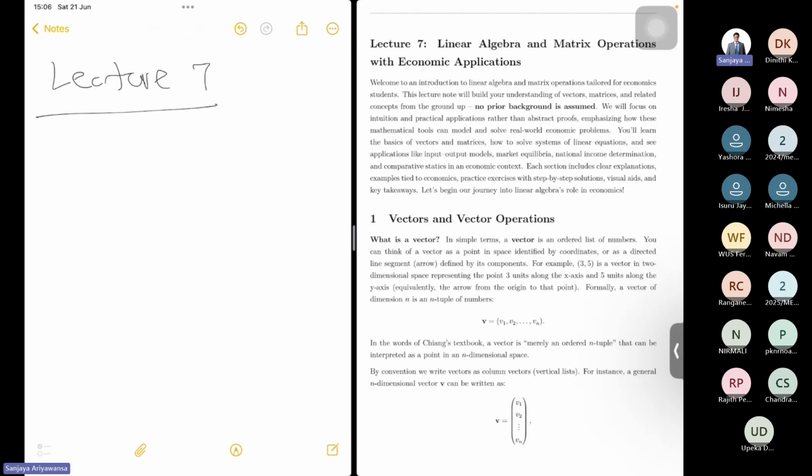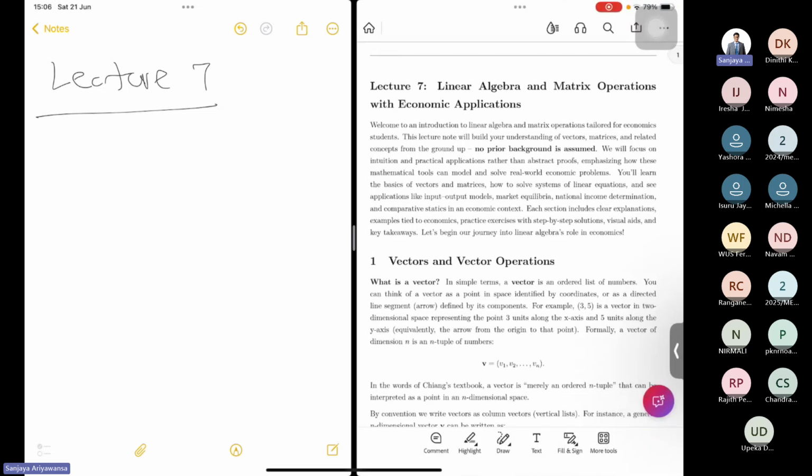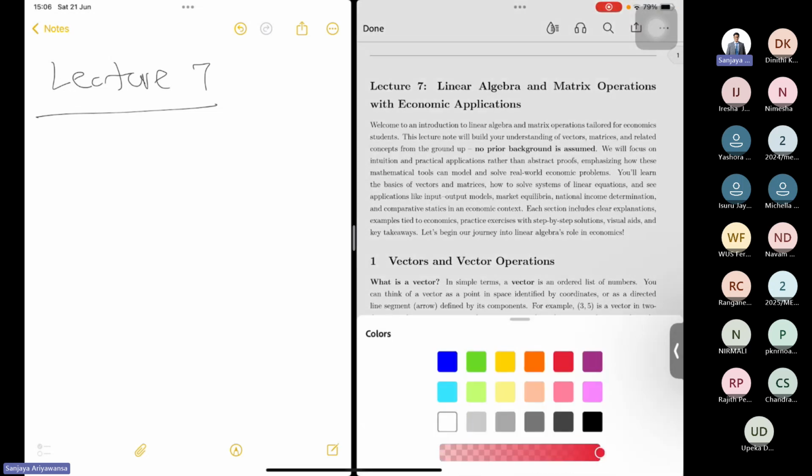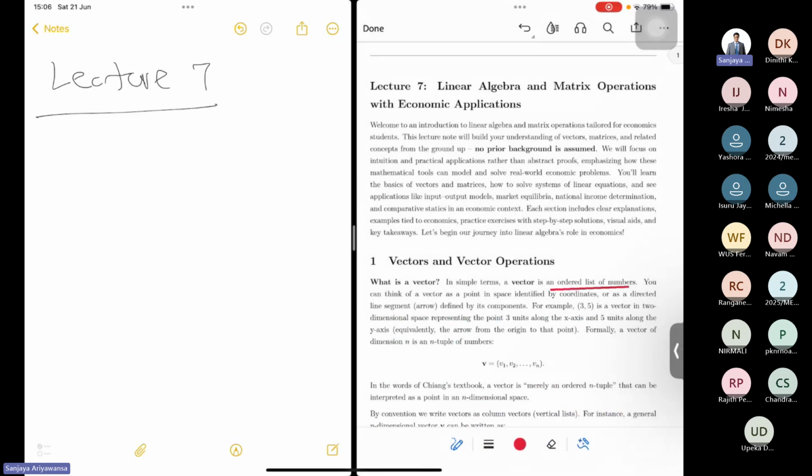So what is a vector? That's the most basic question one can ask. A vector is an ordered list of numbers, and you can think of a vector as a point in space, identified by coordinates.